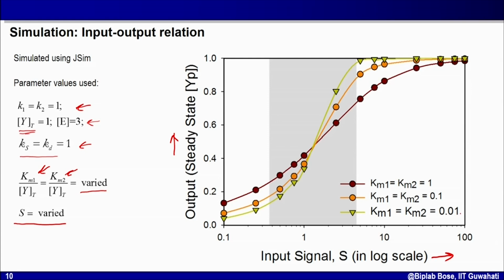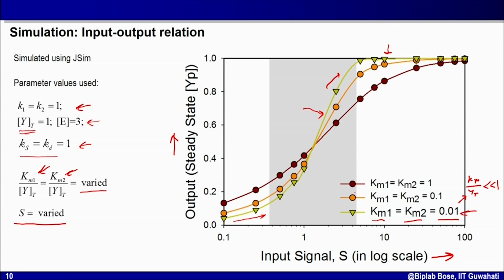Consider these greenish data, where Km1 and Km2 are very small with respect to 1. So that means in this case, the Michaelis-Menten constant by Yt is much smaller than 1 because Yt is 1. So in that case, I have a sigmoidal behavior with a saturation here.